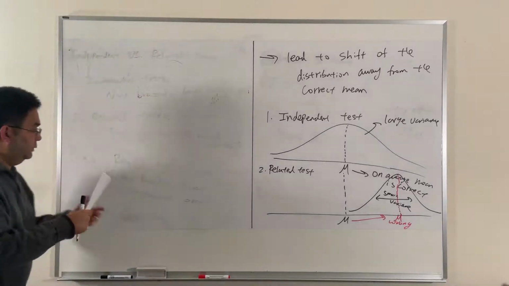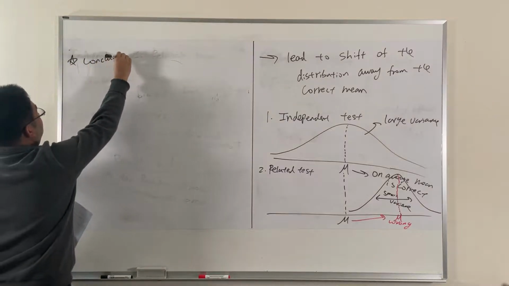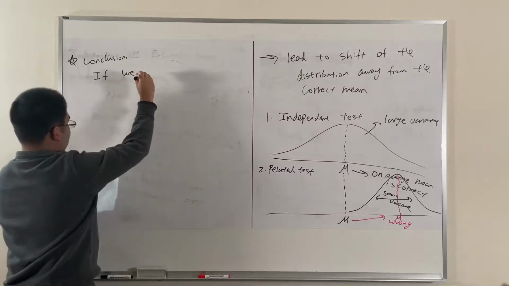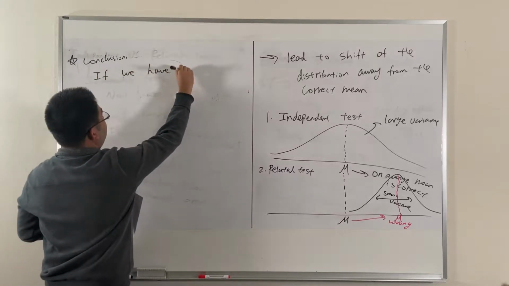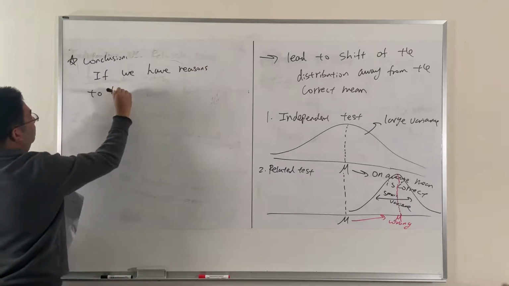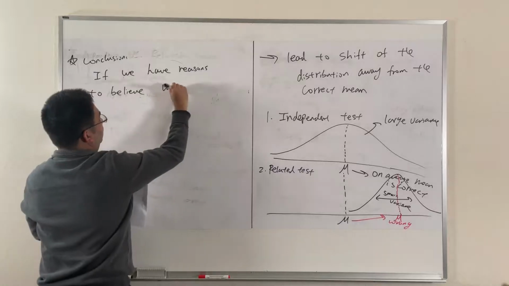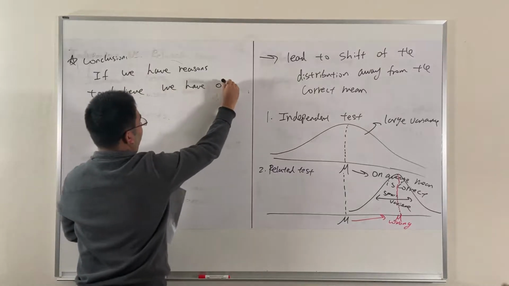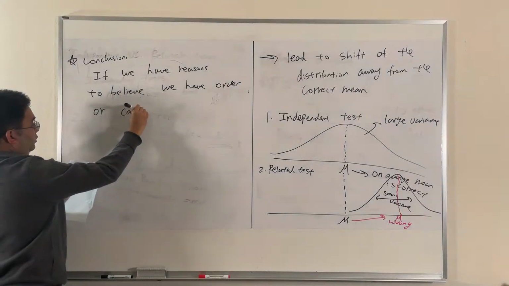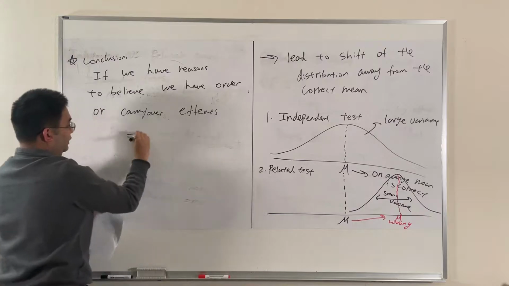So the conclusion is, if we have reasons to believe we have carryover effects, which means that it leads to bias, right?